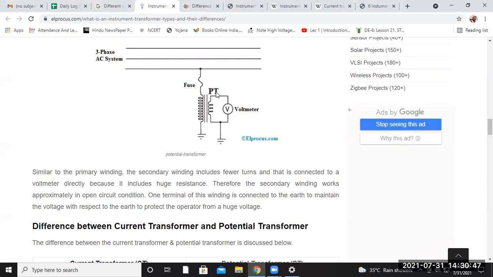Both are grounded, so that the extra current will flow to the ground. No leakage or damage will occur to this voltmeter, or you can say this potential transformer.